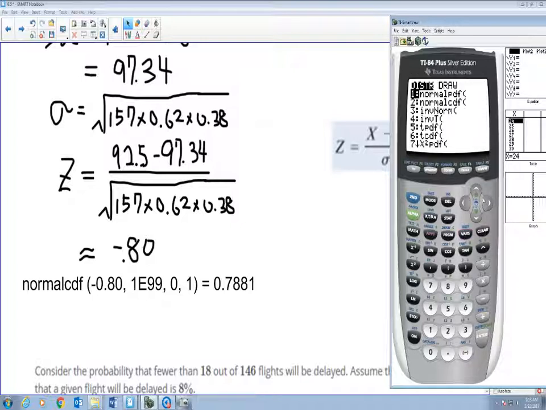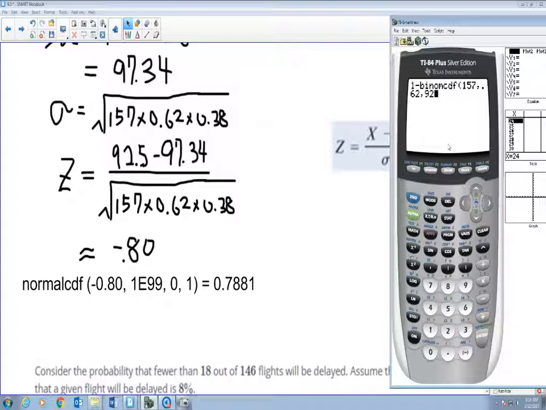So again, binomial CDF. 1 minus, because I need to find the area to the right, so I gotta do 1 minus 157, comma 0.62, comma 93. So 93 to the right is what I want. Oh, so 92, excuse me.